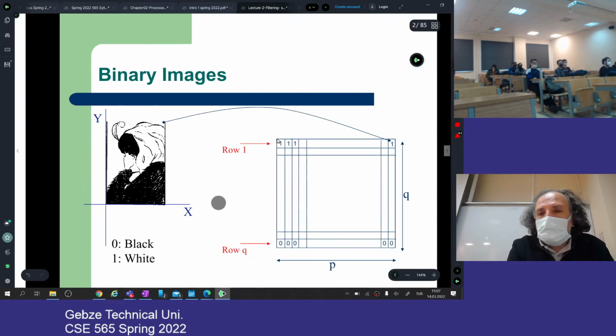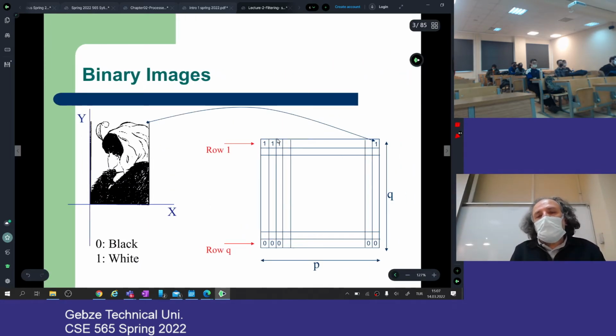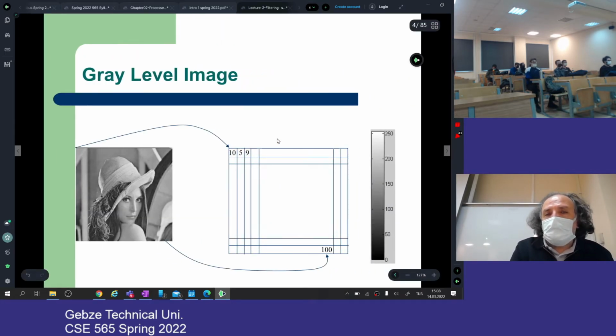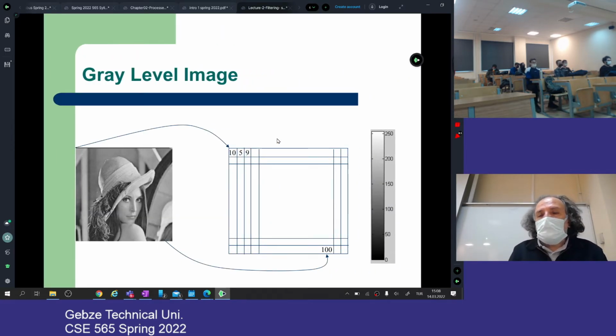Okay, so three things: binary images, black and white, very efficient in terms of storage, but representing the intermediate values between black and white is not good. So that's why we have invented the gray level image from 0 to 255.